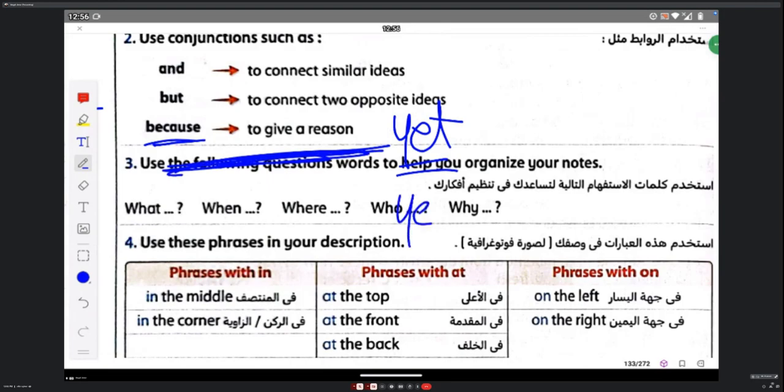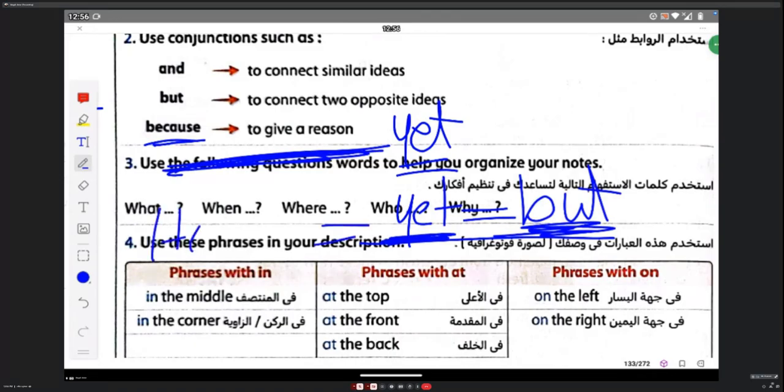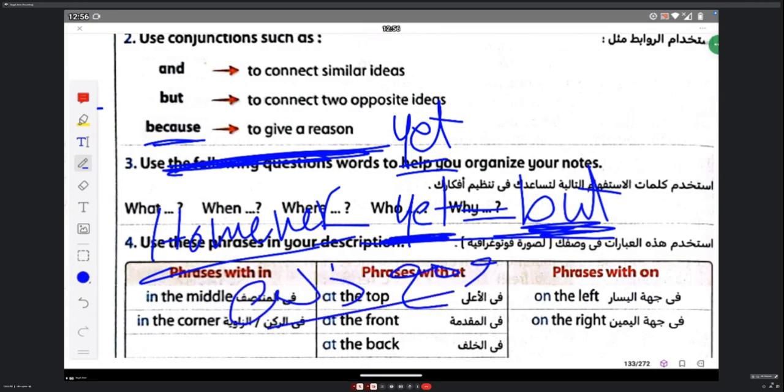Yet means but, to join two words, two clauses or two sentences, on the contrary, or contrast. Yet means but, means however. ومع ذلك، ولكن. We have two yets. Okay.